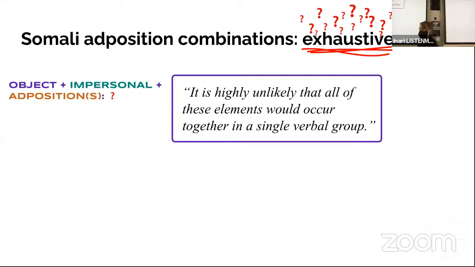I'm writing a GF grammar. I'm not interested in what's likely. I'm writing a generative grammar that is going to generate all combinations. If you're writing a descriptive grammar book, then you go and talk to people, you listen to what they say, and then you document all the combinations that you hear.